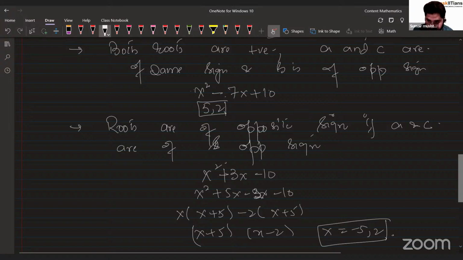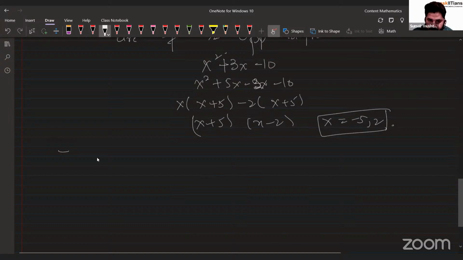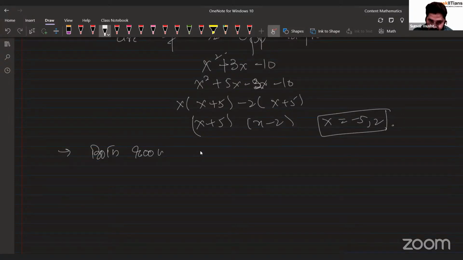Okay, next. Now we just discussed roots positive and roots of opposite sign. Now when can both roots be negative? When A, B, C are of the same sign.